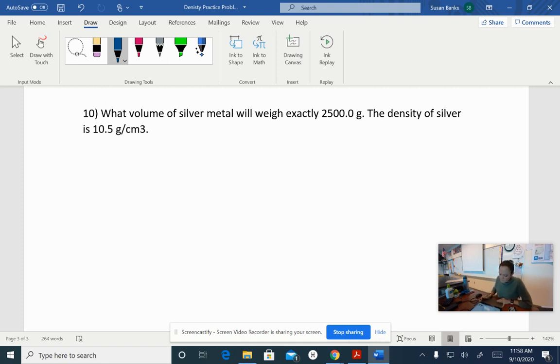So let's start with our mass. I've got 2,500 grams of silver. And I don't want my grams, I want a volume. So that means I'm going to put the grams of my density on the bottom so that I can cancel out my grams here.